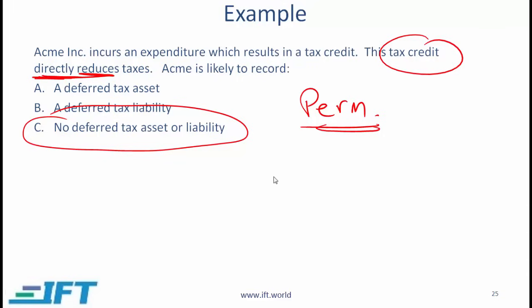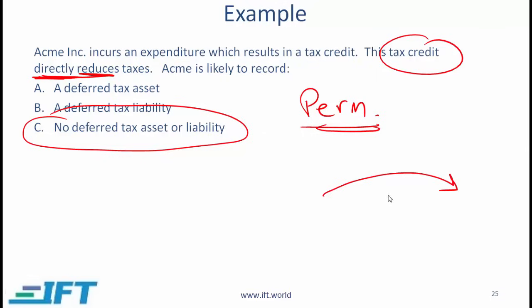What we have been talking about on the previous slides is situations where the tax credit or tax loss carry forward does not have a direct impact on taxes. Now, what we are talking about on the previous slide is a tax credit or tax loss carry forward that will benefit us in the future if we do have profitability.